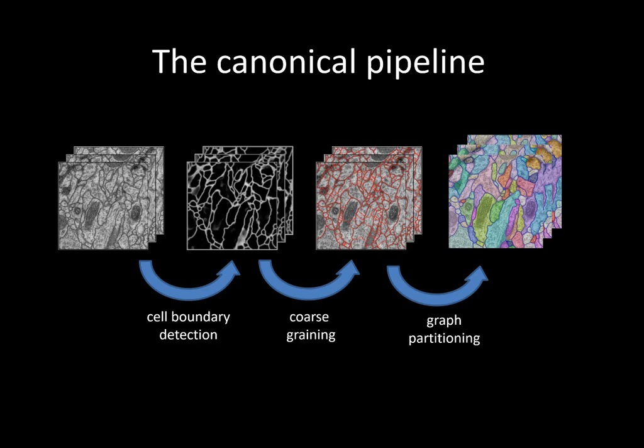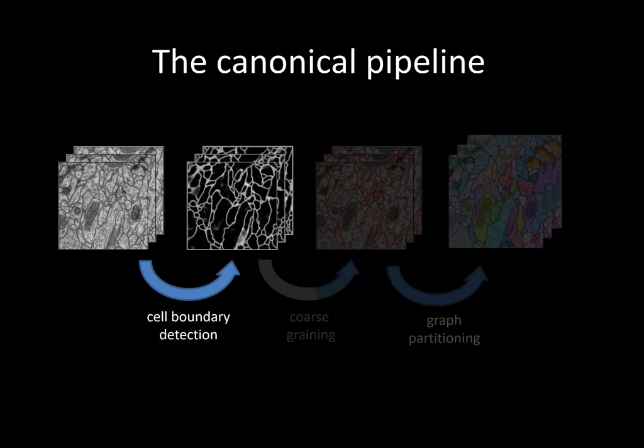So we start from raw data. Here we use a neural network to detect cell boundaries. Then we try and group pixels that we're sure belong to one superpixel, and then group the superpixels into what hopefully are the correct segments. So the first and the third step, we use a deep neural network here.